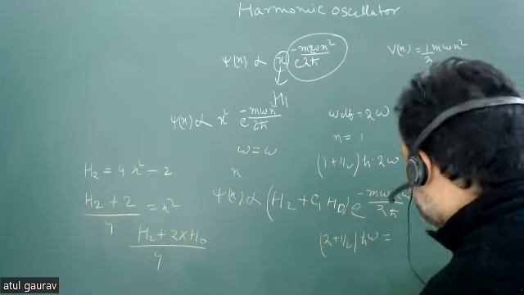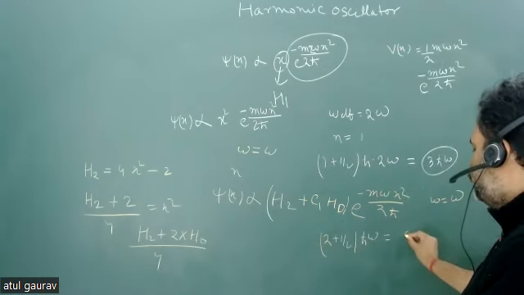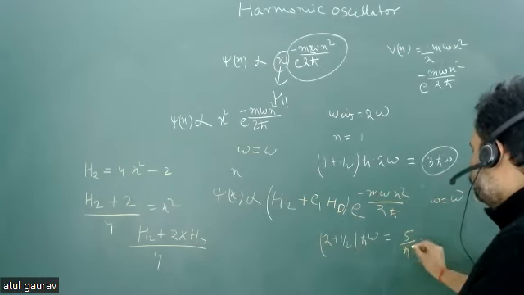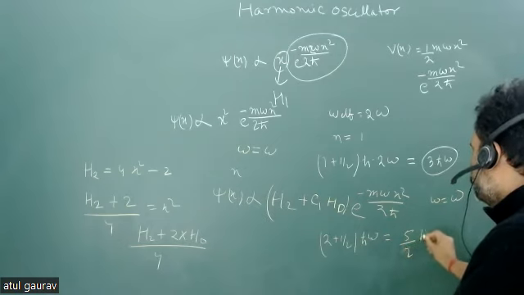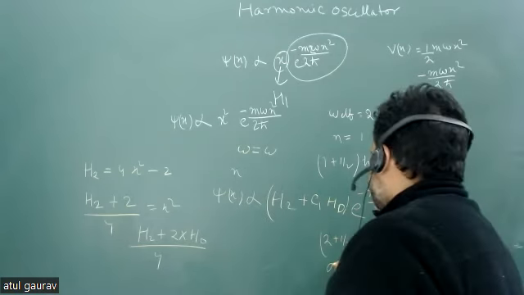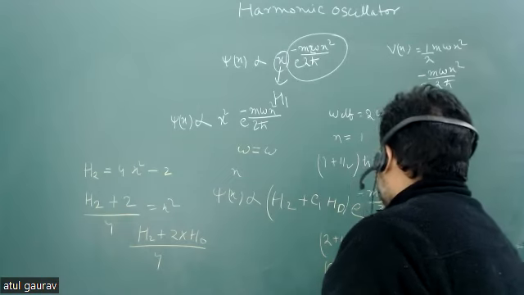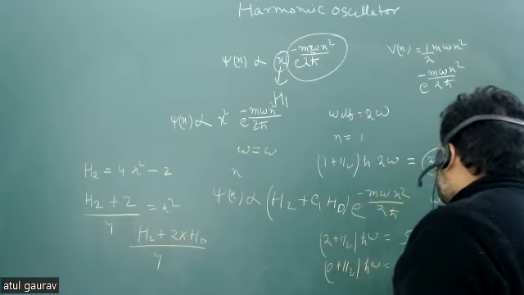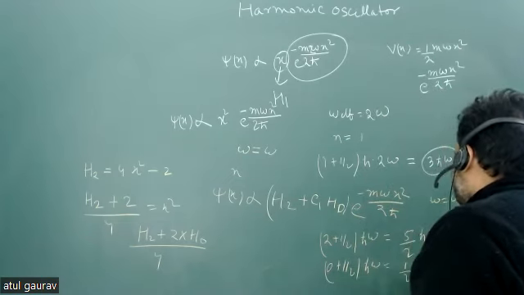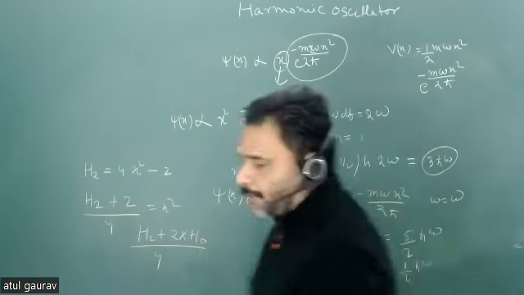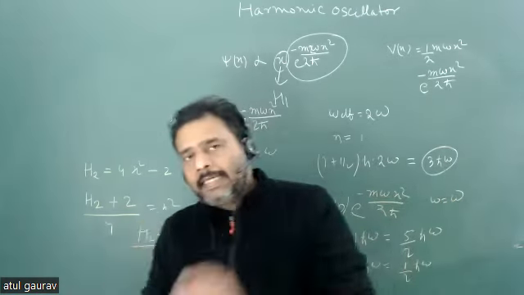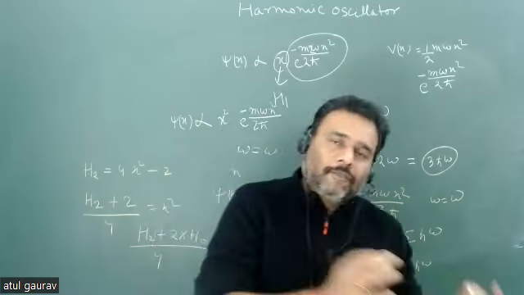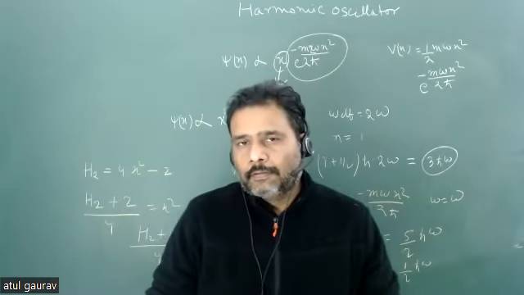So your energy can be 5 by 2 h cut omega. And another can be 0 plus half h cut omega, so that will be half h cut omega. So the possible answer: your measurement can be either h cut omega by 2 or 5 by 2 h cut omega.